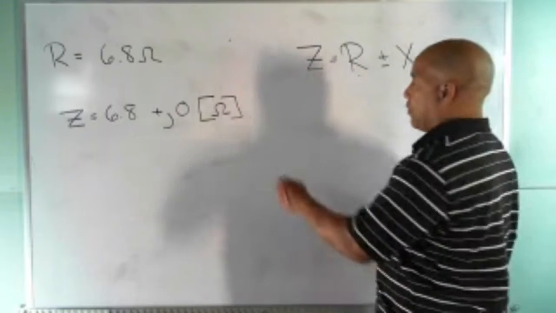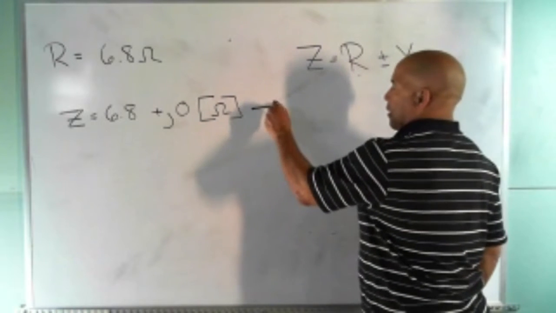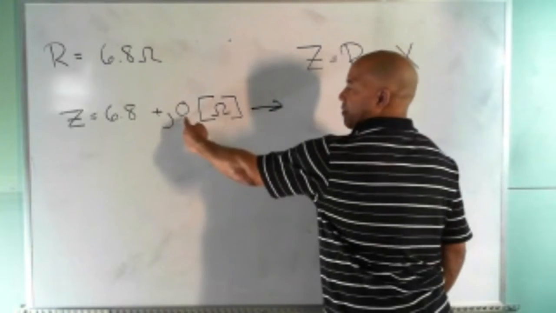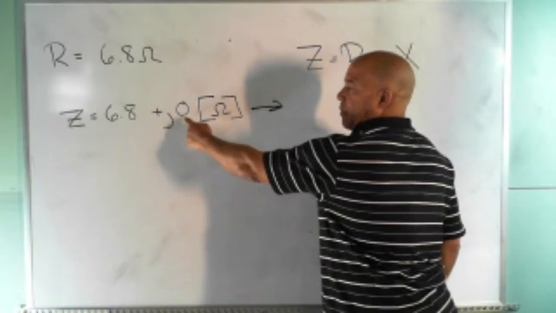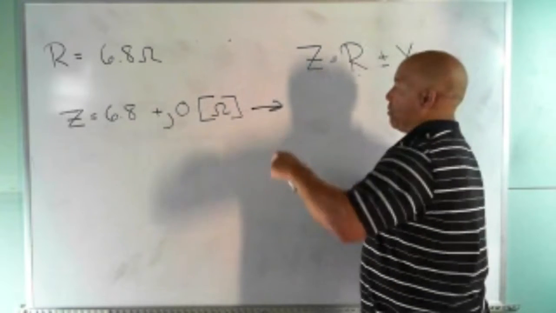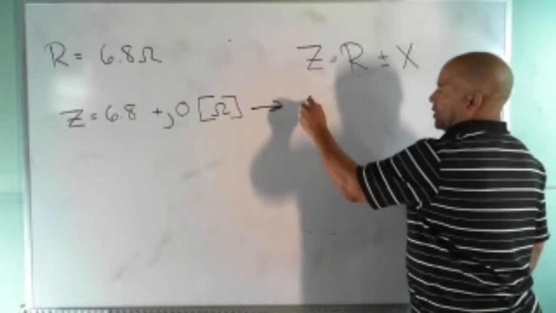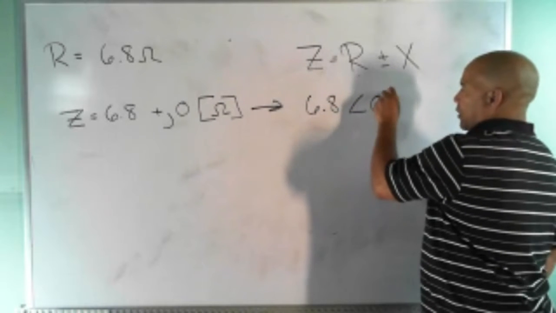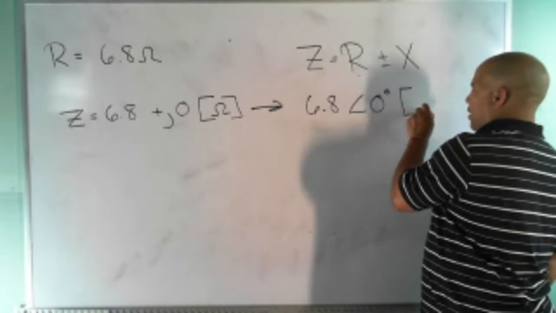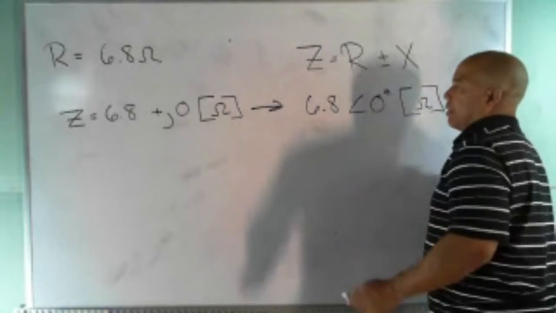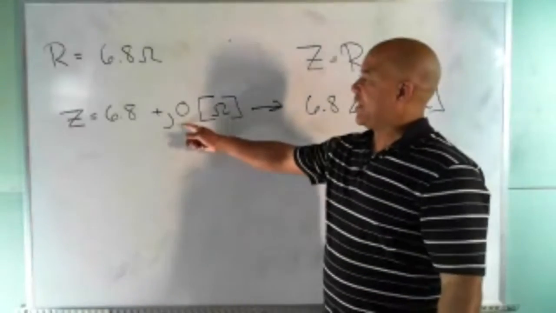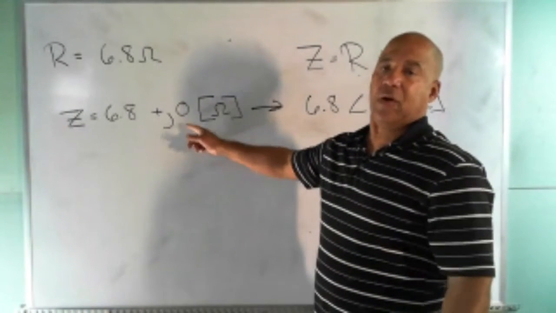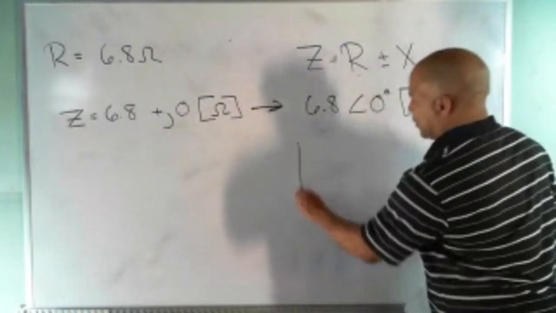So if you convert this to polar form, since that J operator is 0, that means we're on the real axis. So that means my phase is 0. So this is going to be 6.8 at an angle of 0 degrees, and again, my units would be ohms. Let me show you on the axis just so you see it.